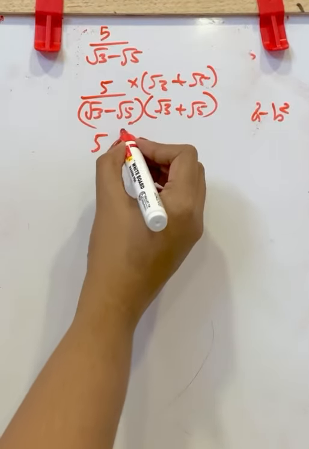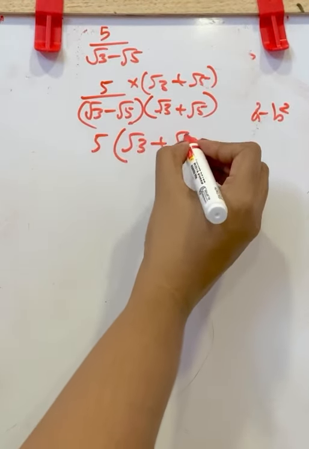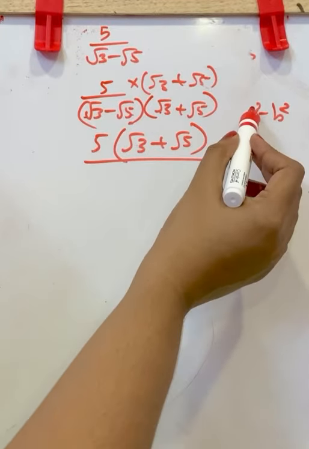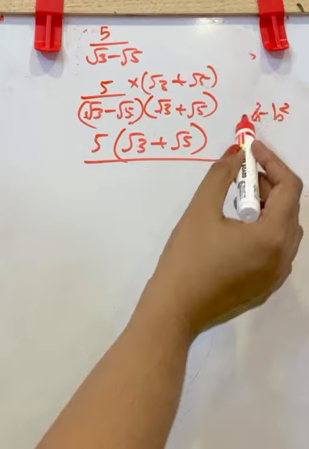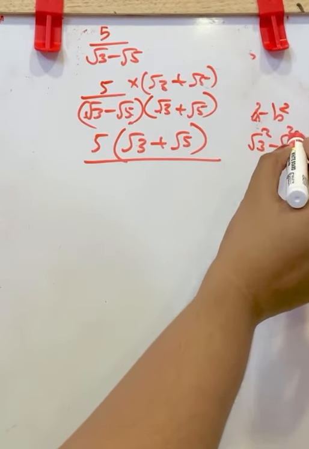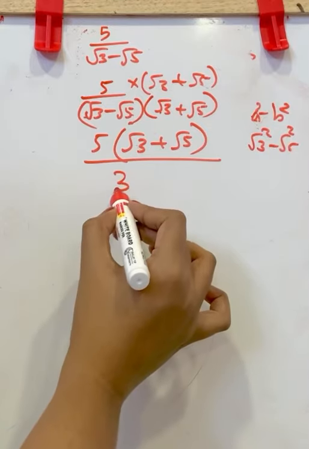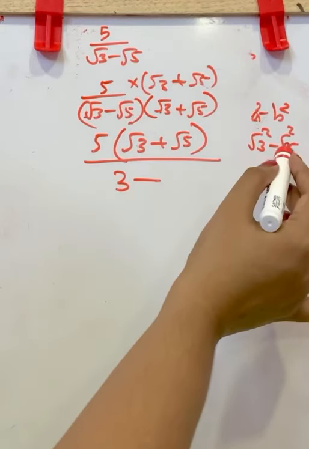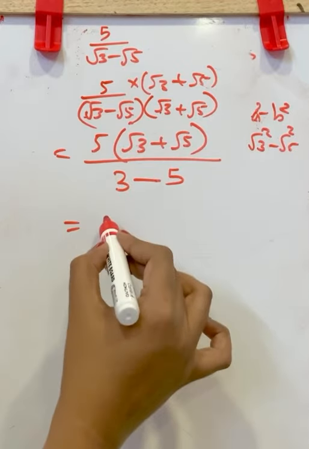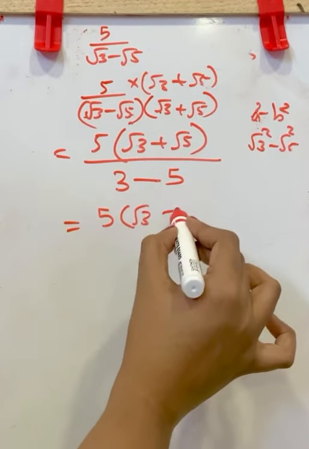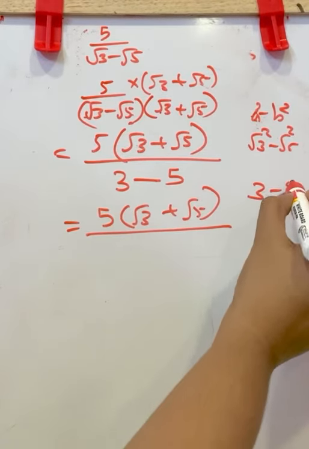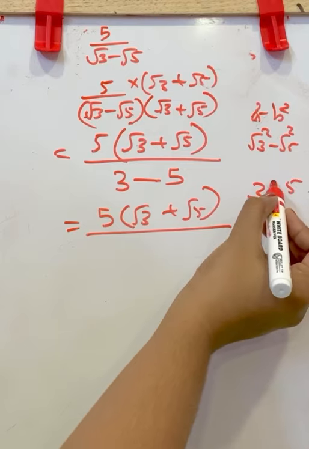Here it is 5 into (root 3 plus root 5) by, here you can apply this identity, a square minus b square. a is root 3. Root 3 square minus root 5 square. Root 3 square becomes 3 and root 5 square is 5, which is equal to 5 into (root 3 plus root 5) by (3 minus 5). 3 subtract 5: here you have to make it an addition.